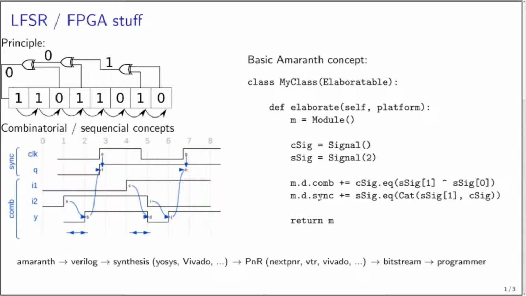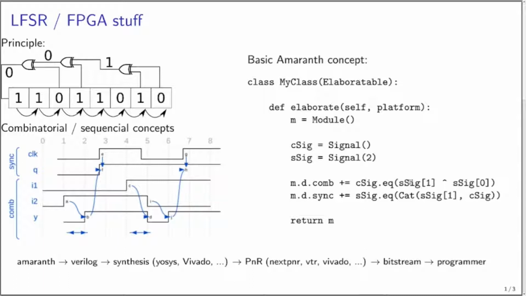Comb and sync are in fact lists of operations. The first, the combinatorial part, is the update of the first 1-bit signal by using eq, equivalent to equality or assignment, and this is the operation.